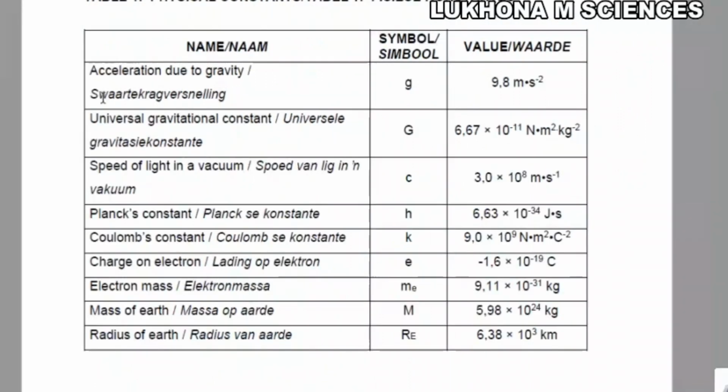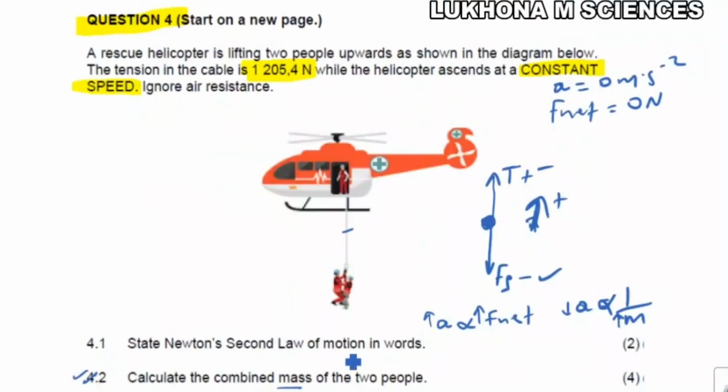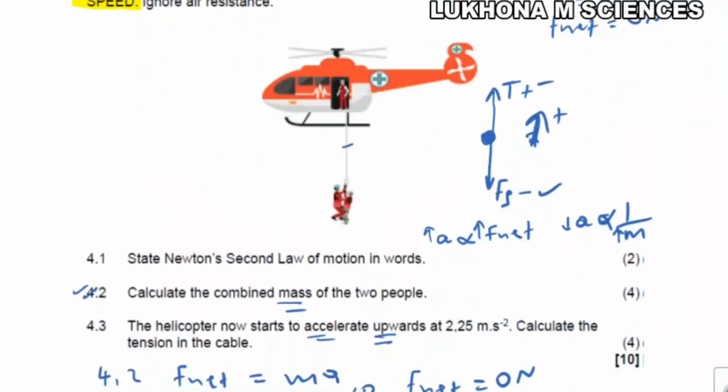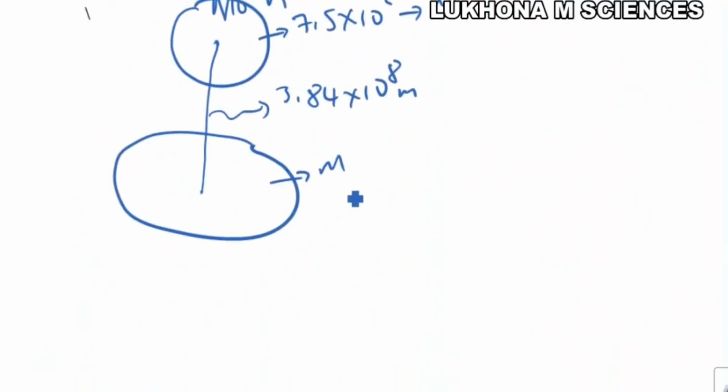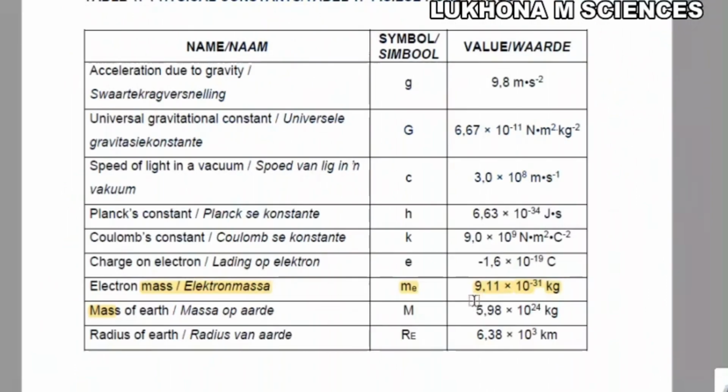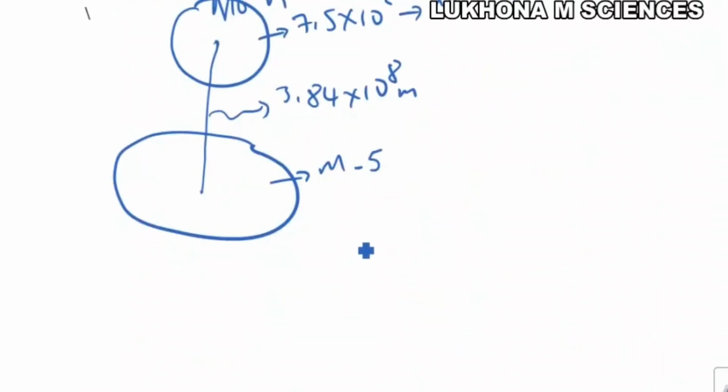This one is the mass of Earth, that is 5,98 times 10 to the power 24 kgs.